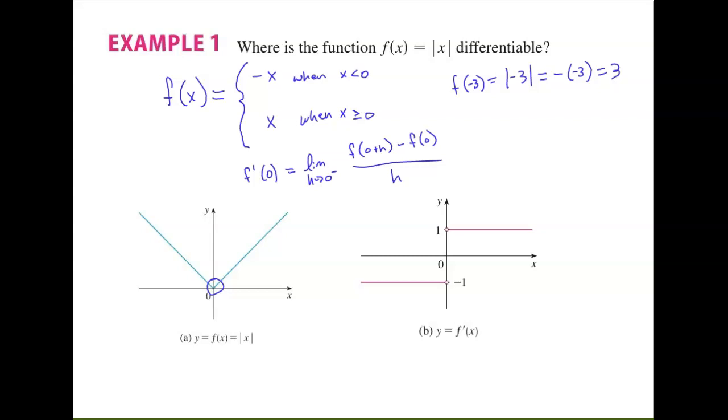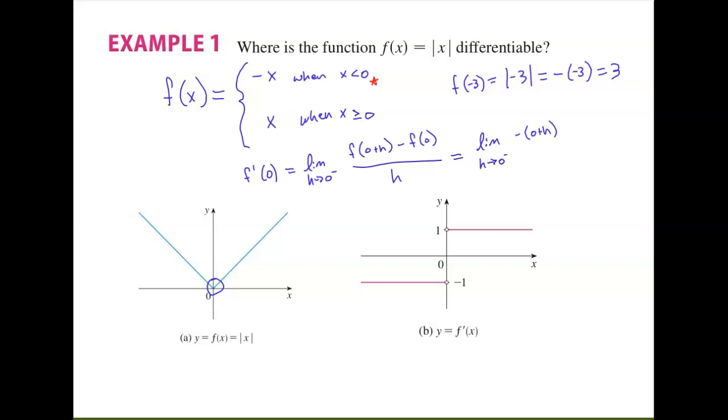Yeah. If I'm approaching 0 from the left, I want to look at values less than 0. So I'm going to be using that top piece. So when I replace my functions here, I'm going to be using -x, right? So that's going to be the limit as h approaches 0 from the left of, I'm going to plug in 0 plus h to -x.